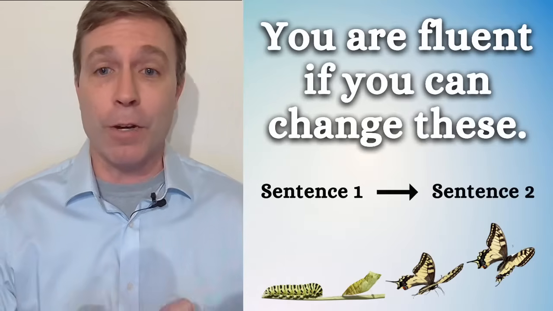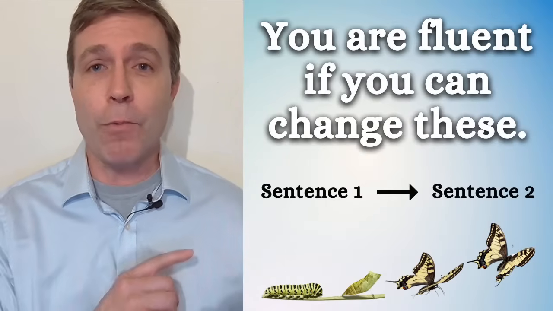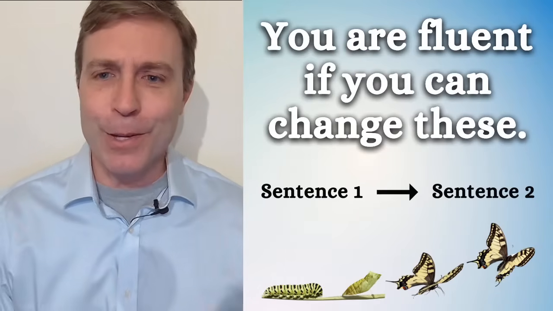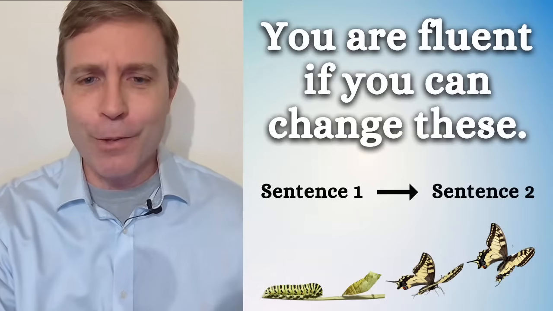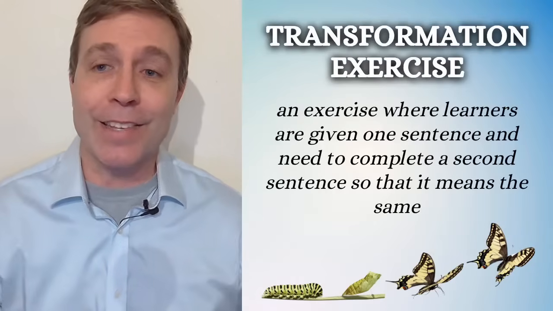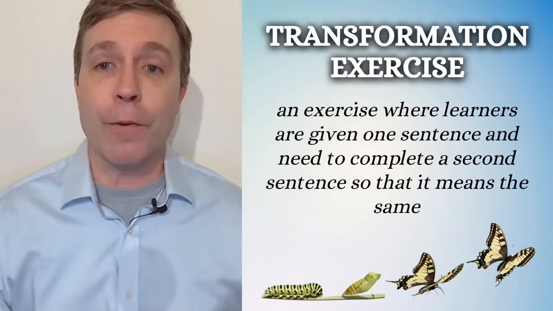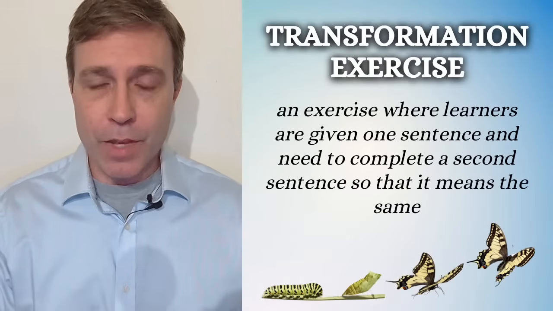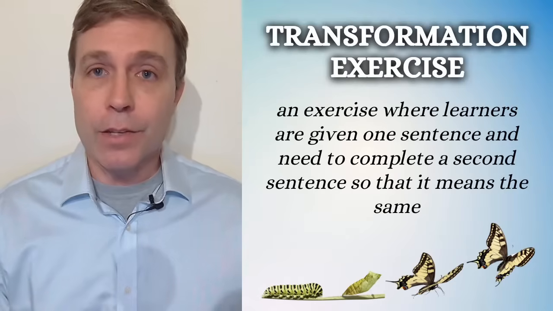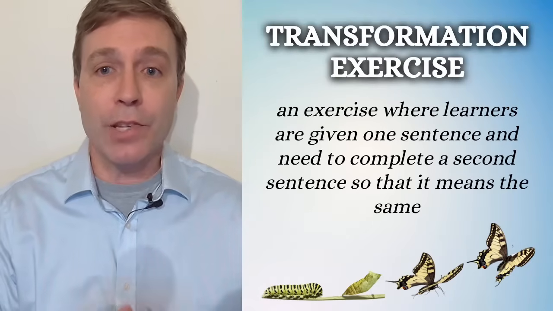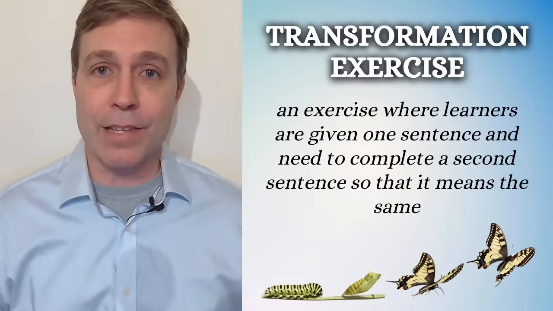So this is what we're going to do. We're going to take sentence 1 and change it into sentence number 2, like changing from a caterpillar into a butterfly. This is an exercise called keyword transformation. Basically, I'm giving you one sentence and you need to change it into another sentence that has the same meaning as the first one.